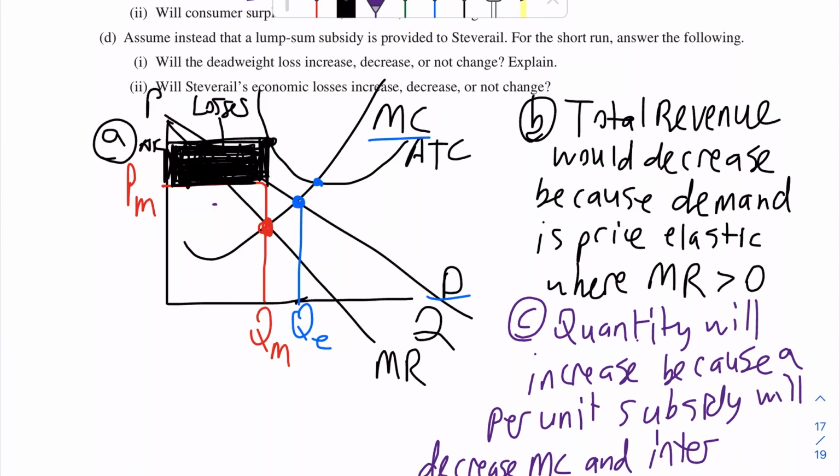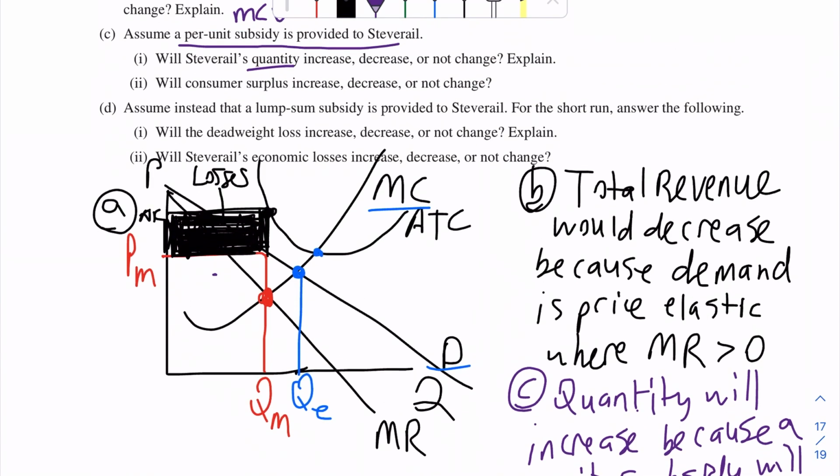Hold on, sorry, I can't spell. Okay. So very important, the per unit subsidy, that's what does it. And the reason that's important is because of D, and we'll get in there in a second.